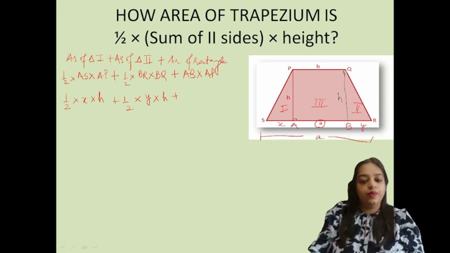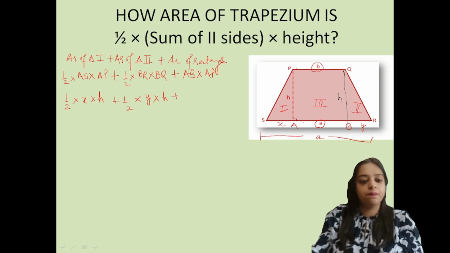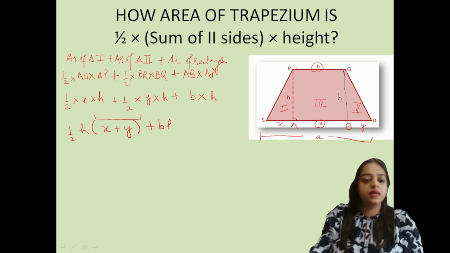So we can write this AB as B. देखो यहाँ पे जो PQ represent किया, PQ is same as AB, right? So this is B into AP length again H, right? Let's solve this now. From these two, I'm taking common. What is common here? Half and H. So what we are getting inside bracket, x plus y plus this is BH.